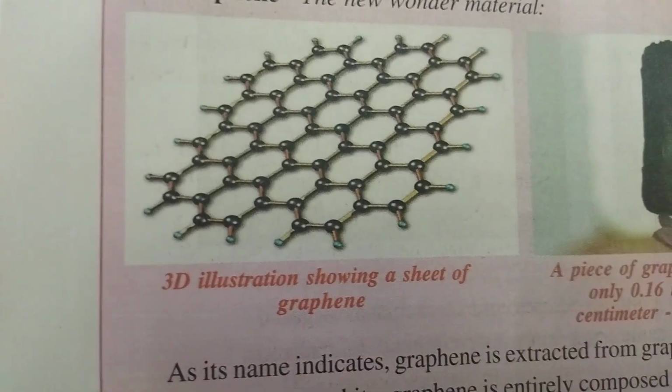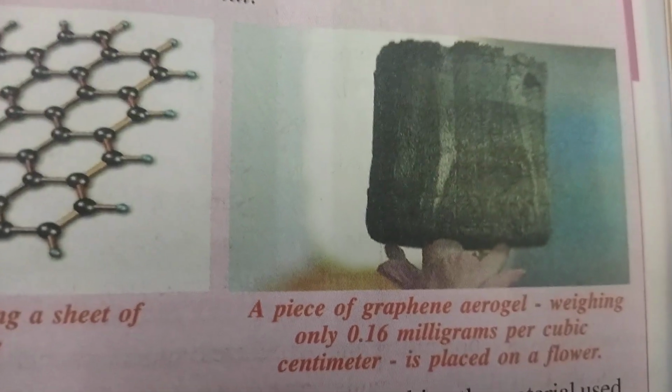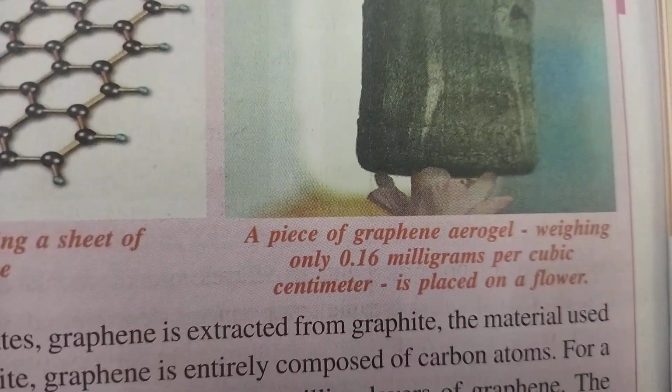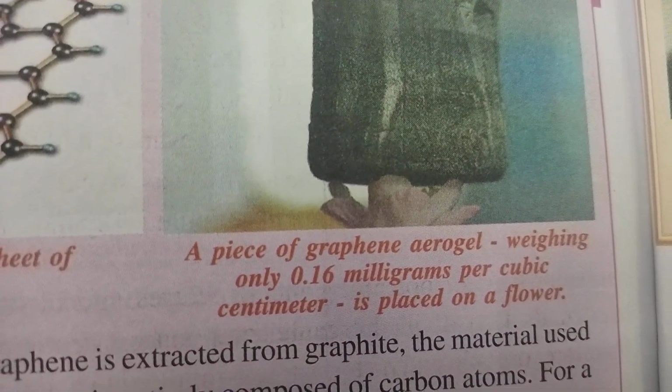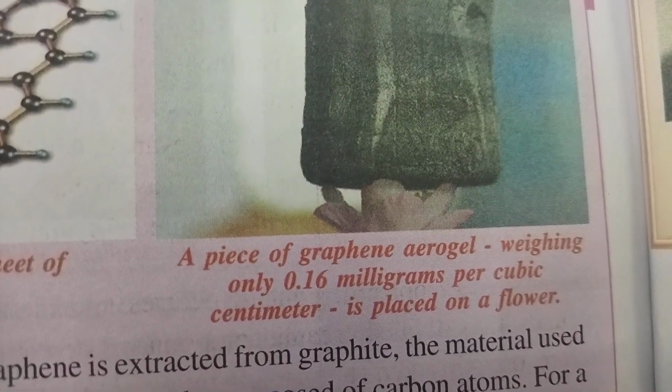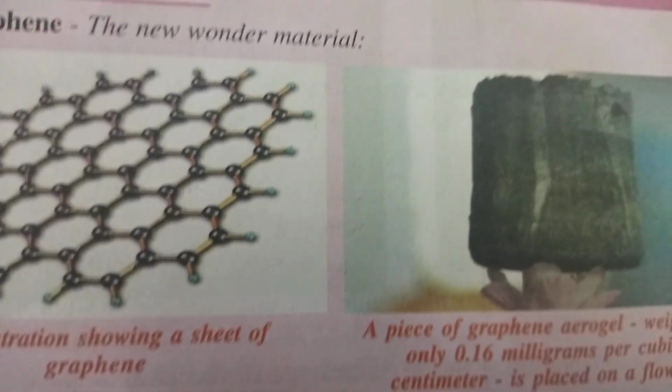This is a 3D illusion showing a sheet of graphene. A piece of graphene aerogel weighing only 0.16 milligrams per cubic centimeter is placed on a flower. So it has that much less weight.